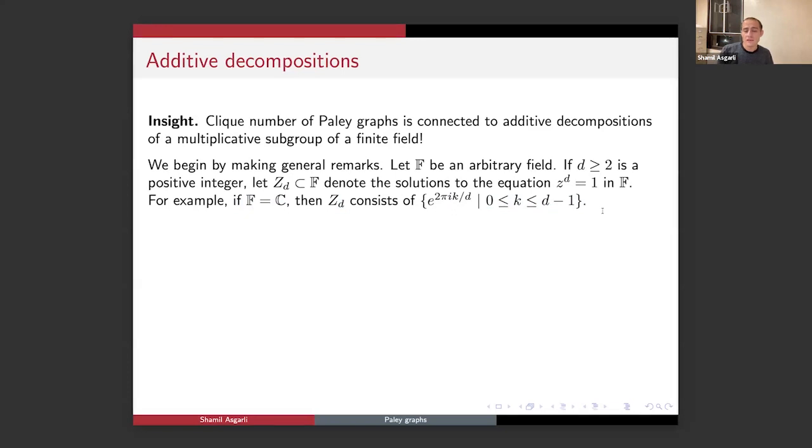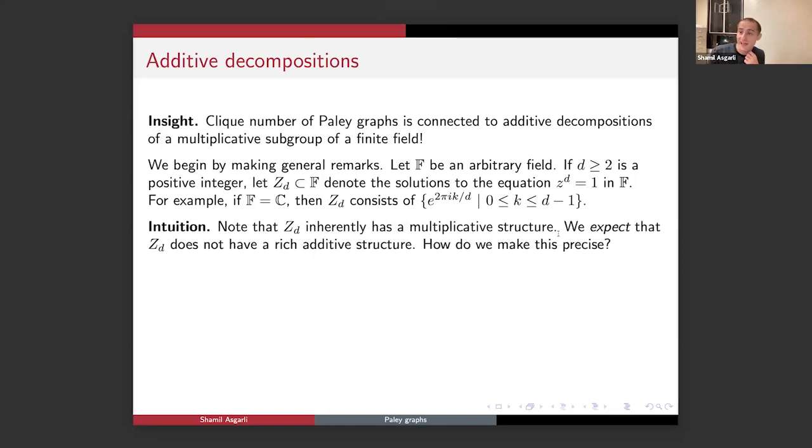And here's the main intuition to keep in mind. By definition, Z_d carries a multiplicative structure because it's a solution to a multiplicative equation. In other words, if you take 2 elements in Z_d, you can multiply them, and you're still going to end up in Z_d. So it's a multiplicative object.